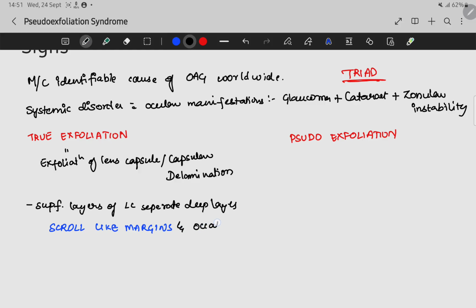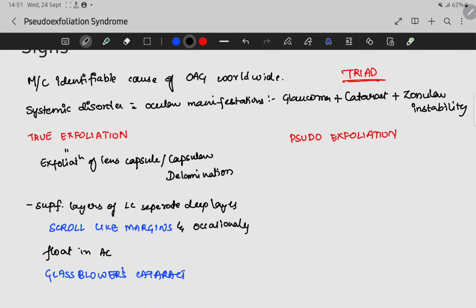And they can occasionally float in the AC as thin clear membranes. So it is also called glass blowers' cataract.